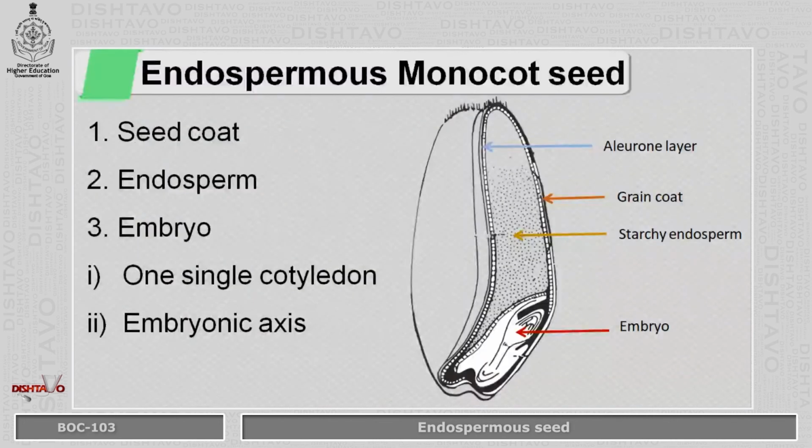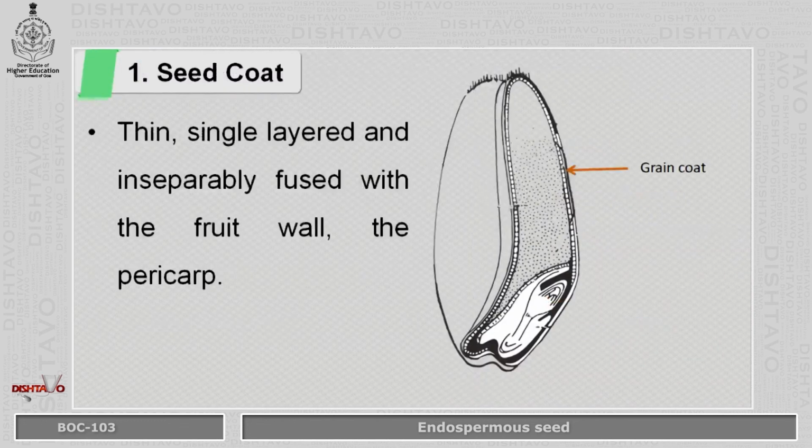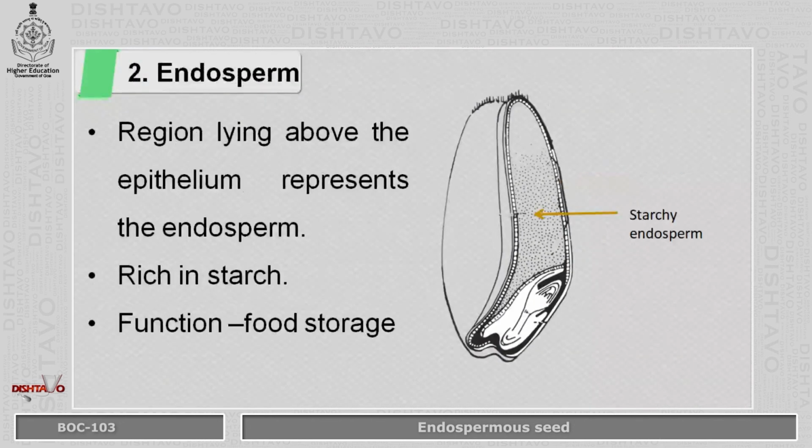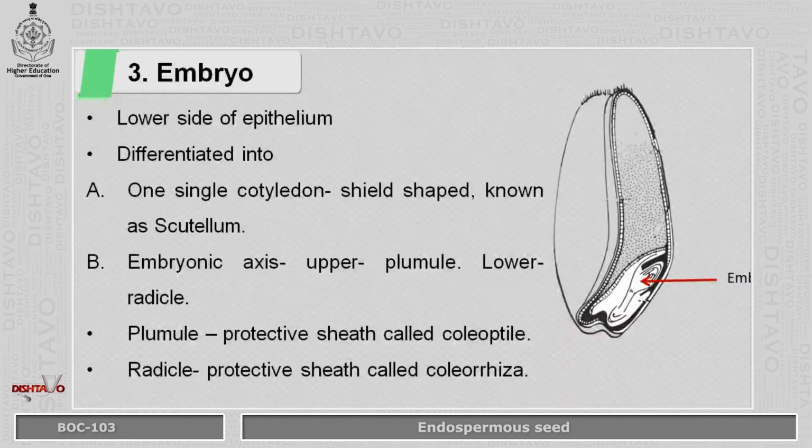Monocot again has a seed coat, endosperm, and an embryo. The seed coat is a thin structure which is fused to the grain. Endosperm is starchy endosperm, and the function of this endosperm is storage of food. The embryo is differentiated into a single cotyledon and an embryonic axis.